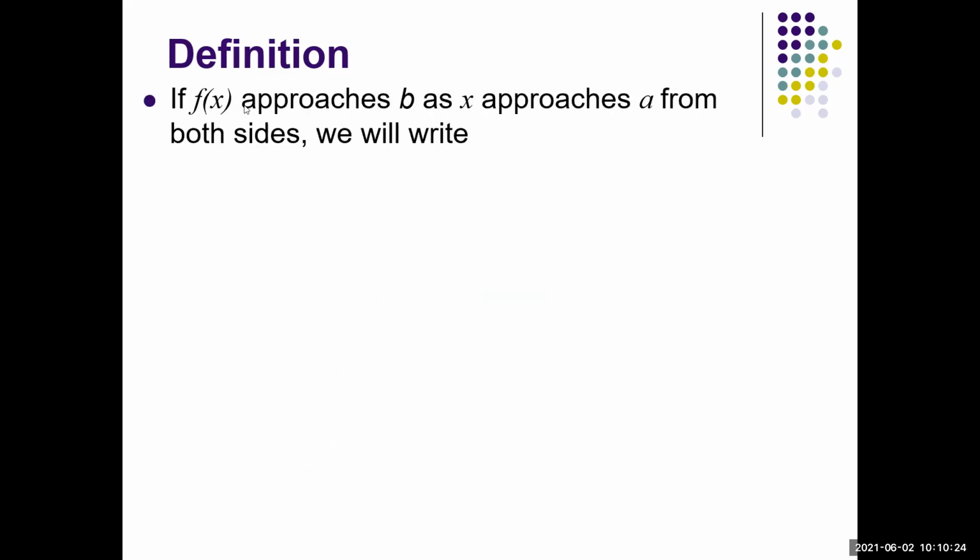Now, that leads to the following definition. If f of x approaches b as x approaches a from both sides, we write the limit as x approaches a of f of x equals b.